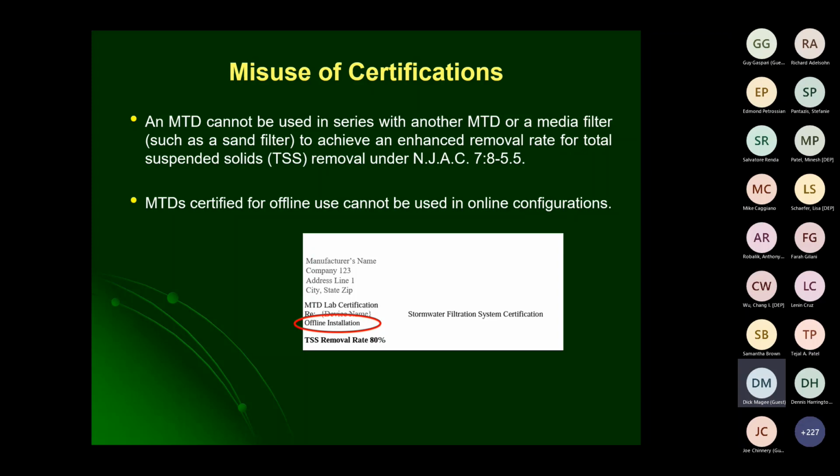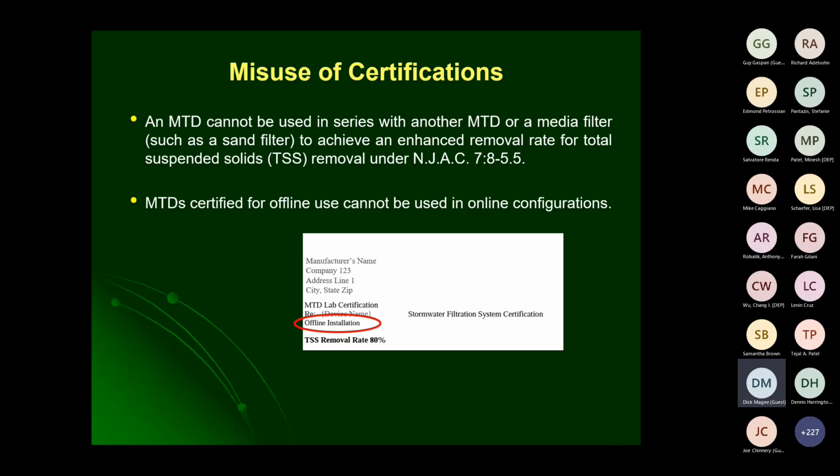So the protocol requires, if you want to be online, that you have to basically go ahead and test for scour up to 200% of the MTFR, manufacturer treatment flow rate. If you're going to be offline, then you have to test at 125%, and that allows for a slight variation, but then that requires a bypass on the upstream system, obviously, so that the MTD does not see that higher flow rate.